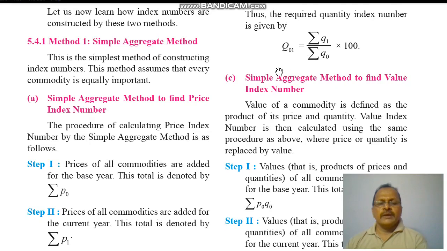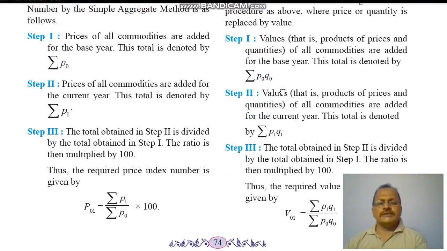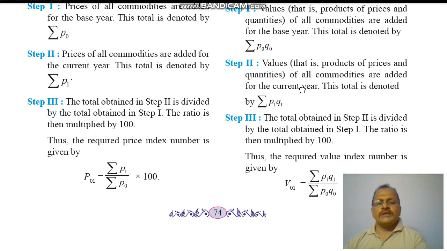Now with the simple aggregate method, to find the value index number, its formula is very easy. First of all, find out the value of the base year. It is obtained by summation P0 into Q0. Now find out the value of the current year.